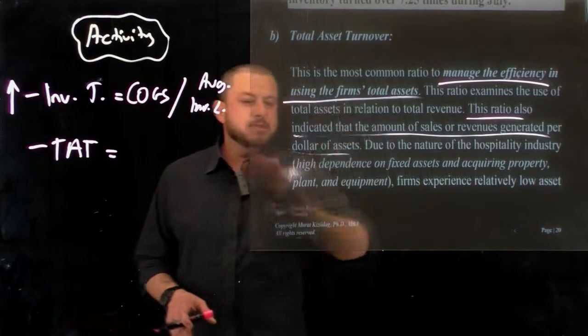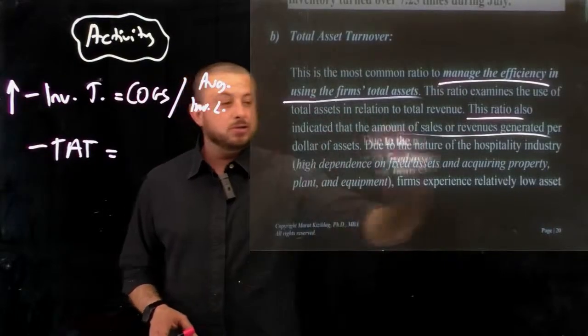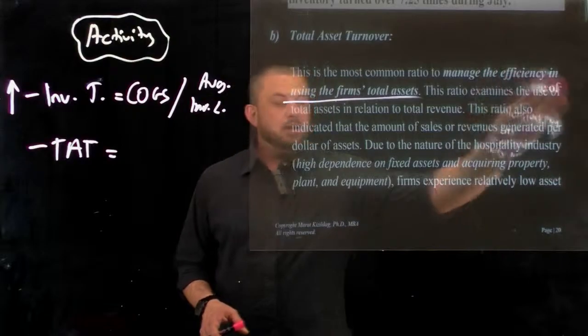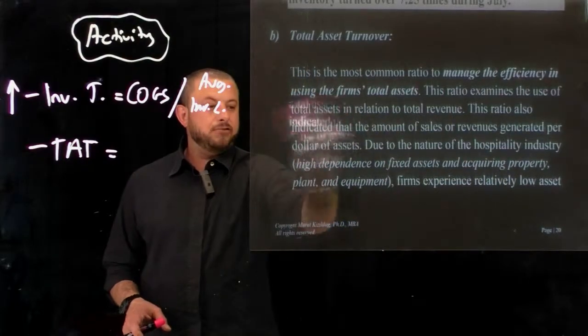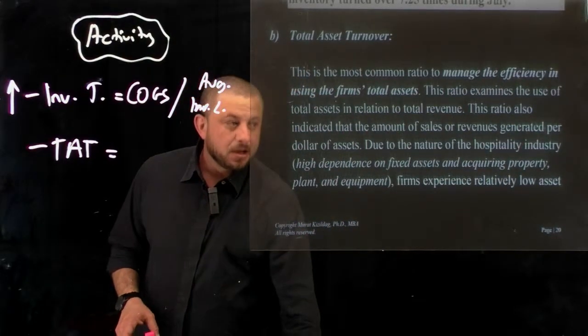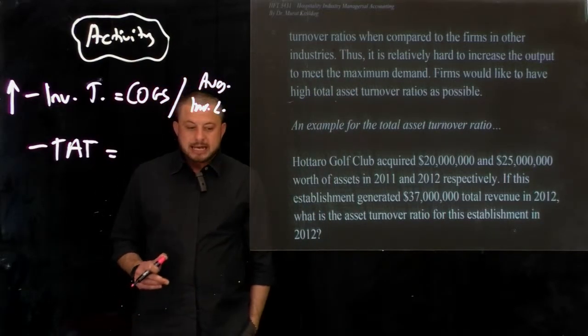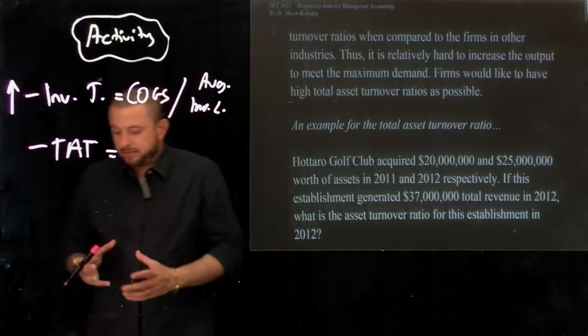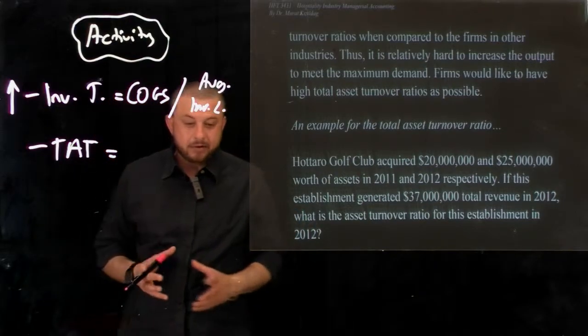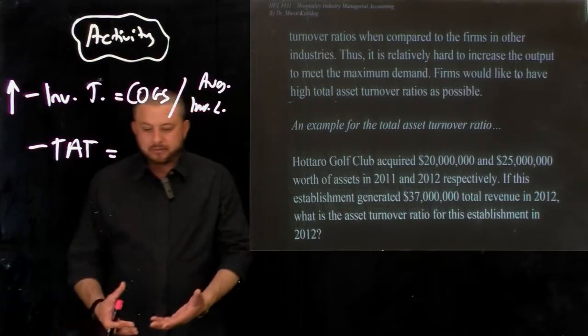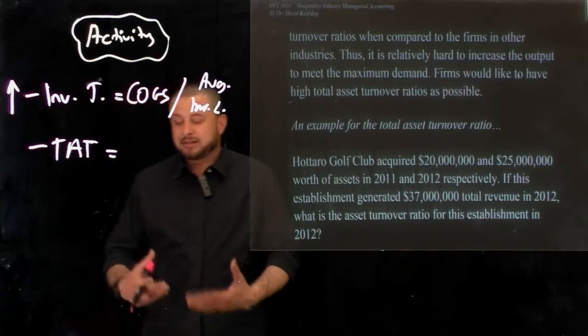Due to the nature of the hospitality industry, which has a high dependence on acquiring fixed assets, firms experience relatively low asset turnover ratios. Most firms don't have, let's say, $200-300 million in cash to put on the table to fund the investments.